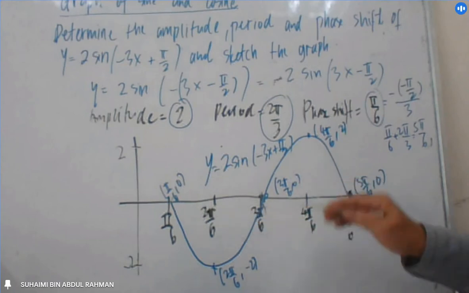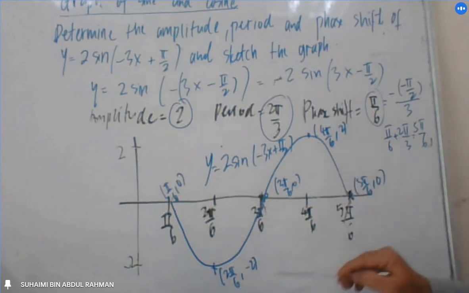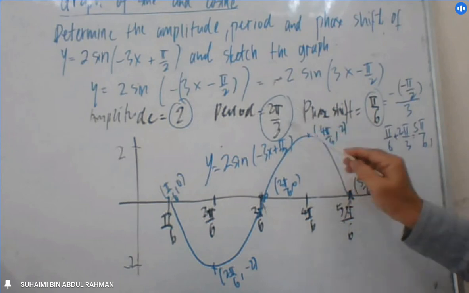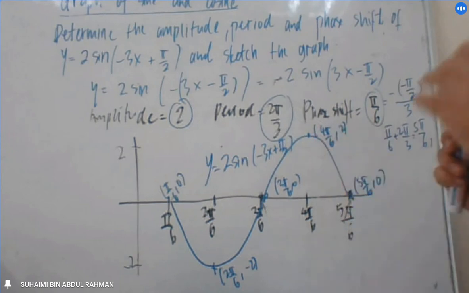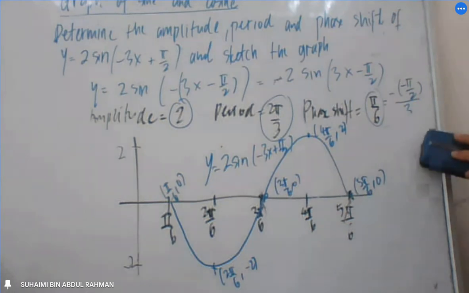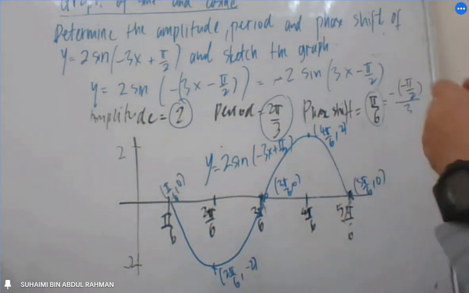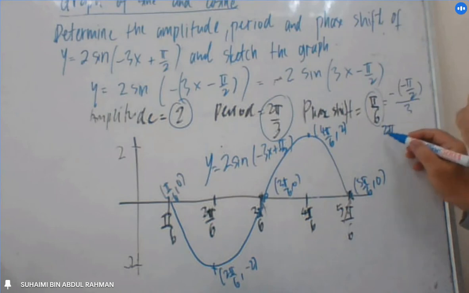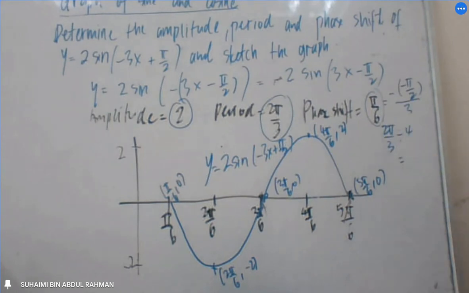Since we divide by 4, we need to divide our period by 4. So 2 pi over 3, we divide by 4, what do we get? Pi over 6.